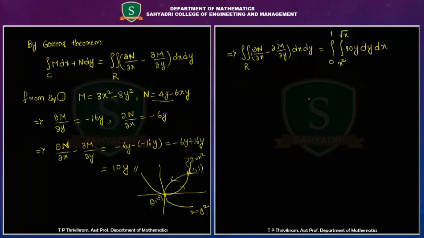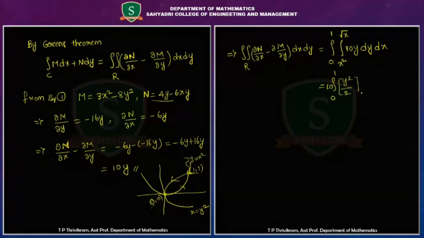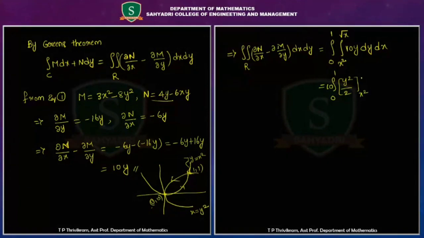Okay. So this one is equal to, we'll perform the integration now, integral 0 to 1, 10y. So this 10 I am writing outside. Integration of y means y square by 2, having the limits x square to root x, dx. So 10 by 2.